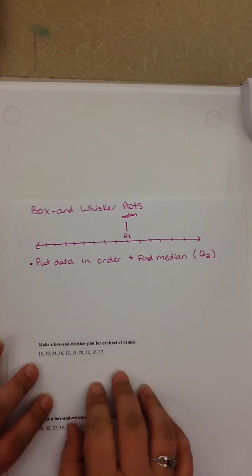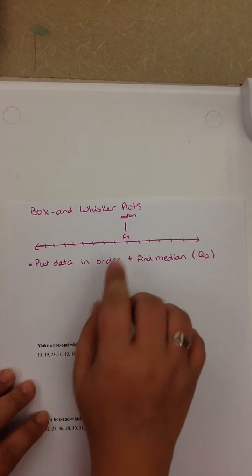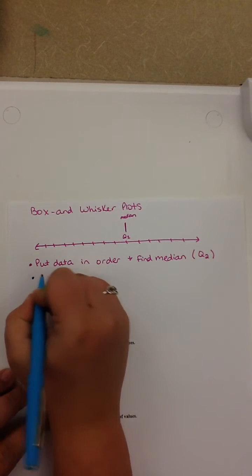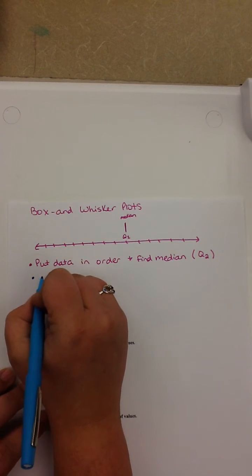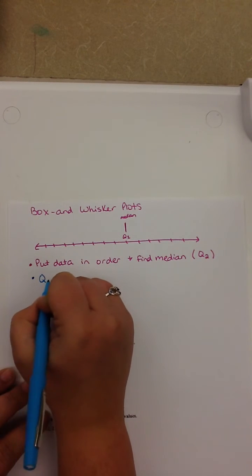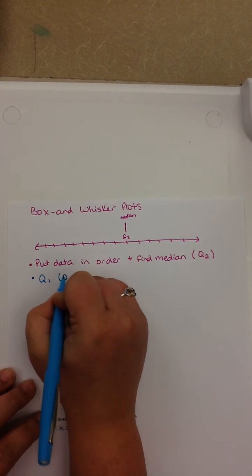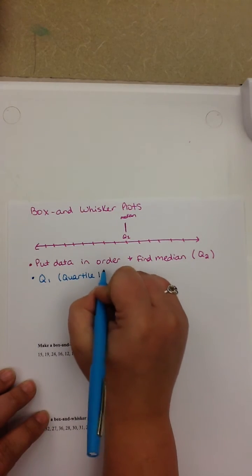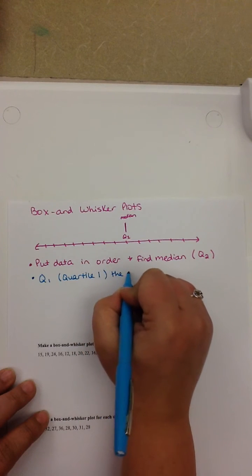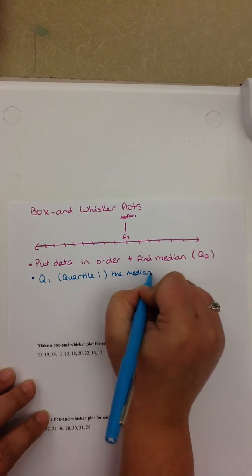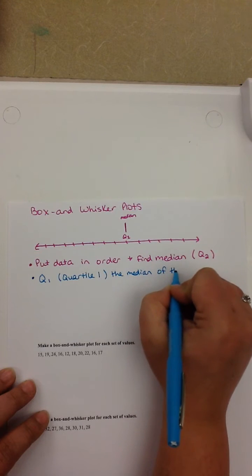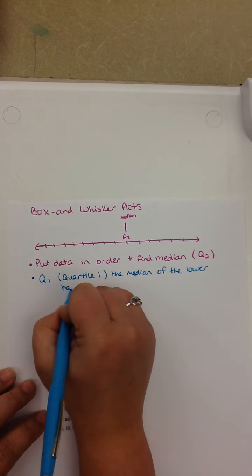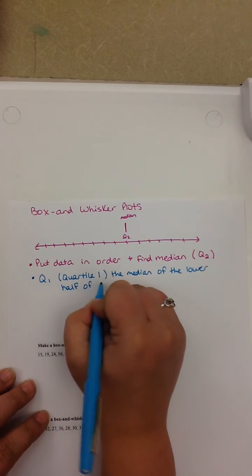Then if you find the middle of your data, that splits it into two halves, right? You have the lower half, which you will use to find Q1. Q1 is quartile 1, and it is the median of the lower half of the data.